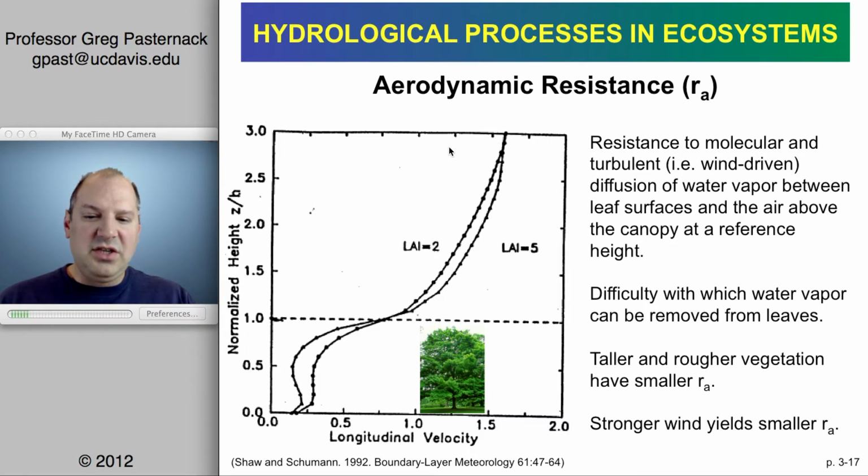So what this graph shows is the relationship between position in the tree as you go from the ground to the top of the tree and then beyond, above it, and the velocity of wind. So if we look at the y-axis first, 0.0 represents the ground surface, and 1 represents the top of the tree, which is pretty much illustrated with this photo here.